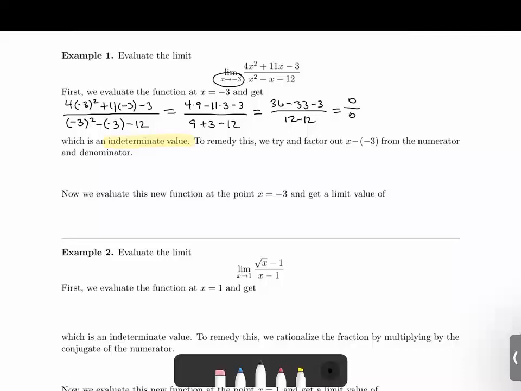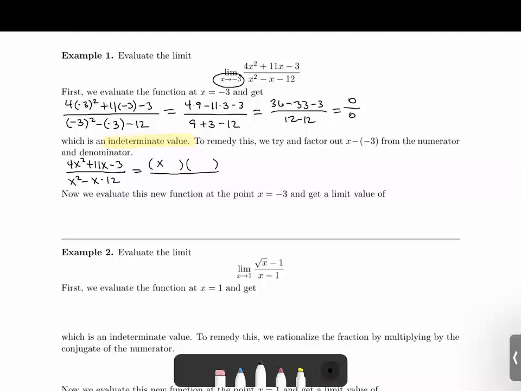So I'm going to go ahead and rewrite my fraction. And so when I have a 4 as the coefficient of my x squared, you can remember this is either going to be x times 4x as our first terms, or 2x times 2x. And so what I'm going to do is I'm going to say, okay, I know I want to try and factor out an x plus 3, x minus -3.